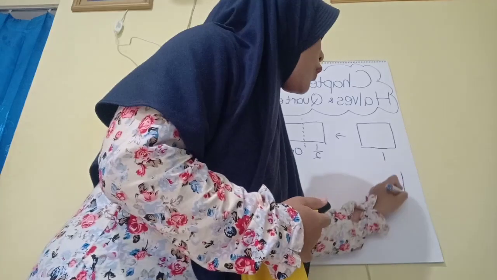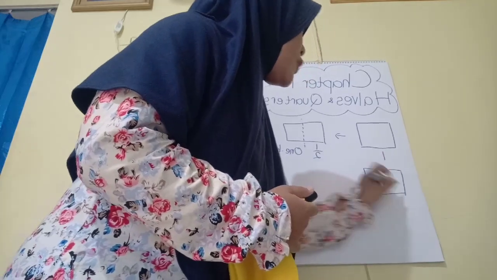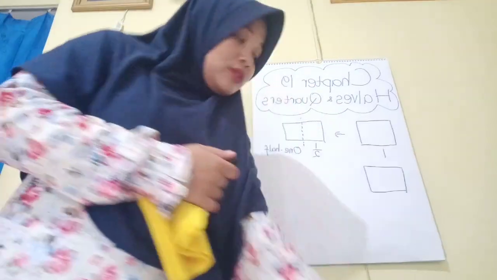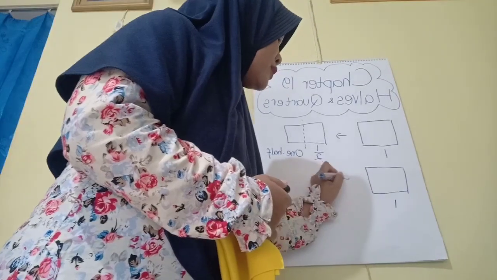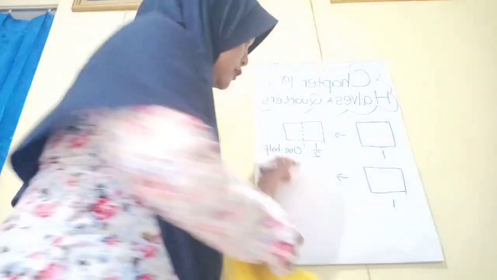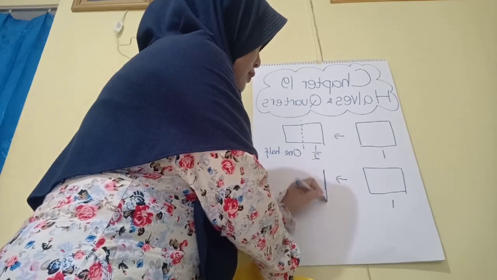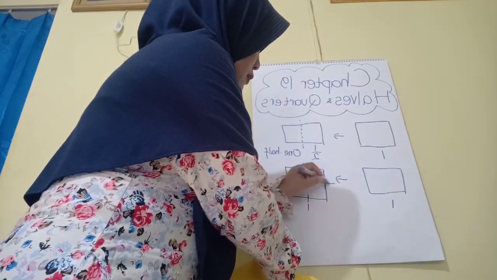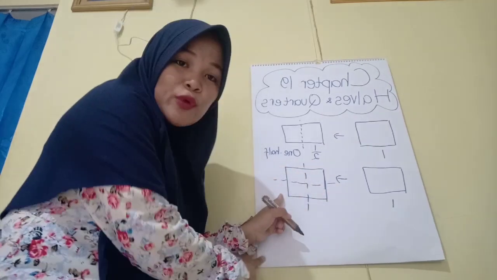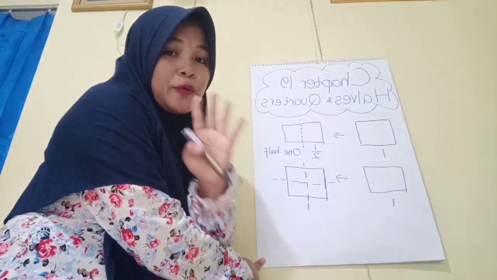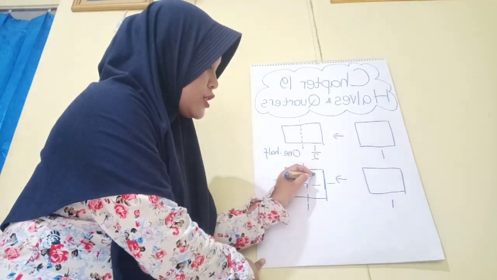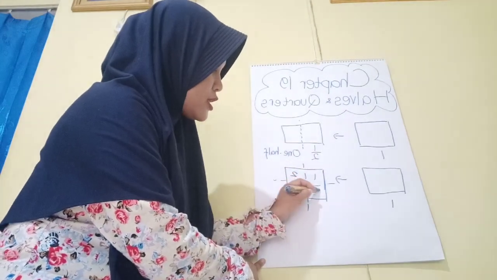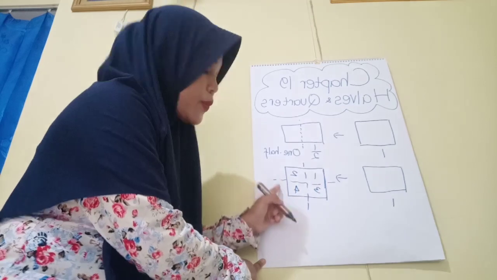Starting from a whole, or we say one rectangle, then I fold the rectangle like this. So there will be four parts of the rectangle. The first, the second, the third, and this is the fourth part.